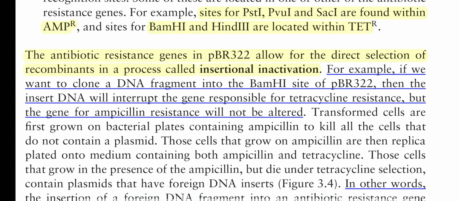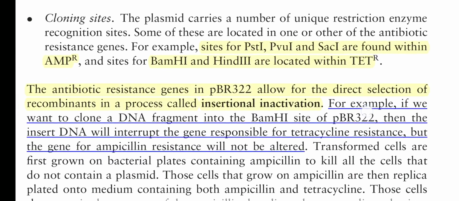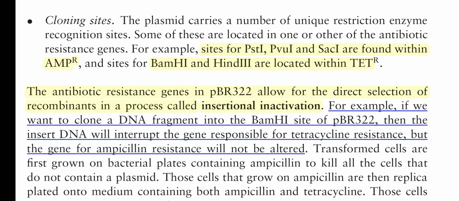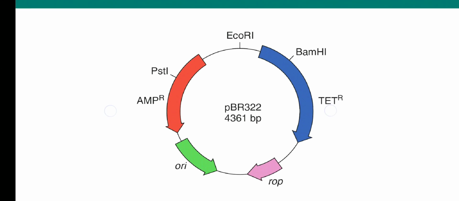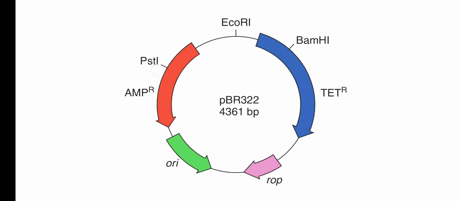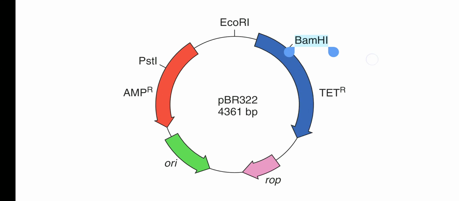If you look carefully at the diagram, you can see the PstI, the BamHI, tetracycline and ampicillin sites respectively, which get clipped out in the presence of the two restriction enzymes.